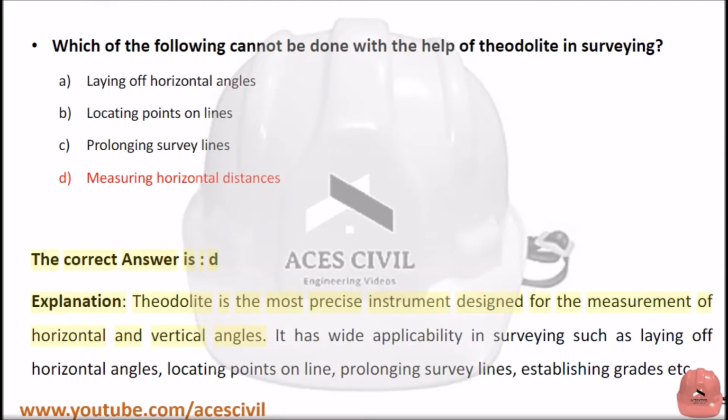The correct answer is D. Explanation: theodolite is the most precise instrument designed for the measurement of horizontal and vertical angles. It has wide applicability in surveying such as laying off horizontal angles, locating points on line, prolonging survey lines, establishing grades, etc.